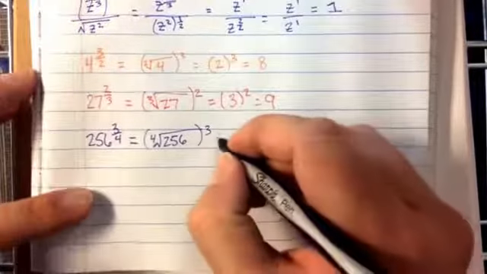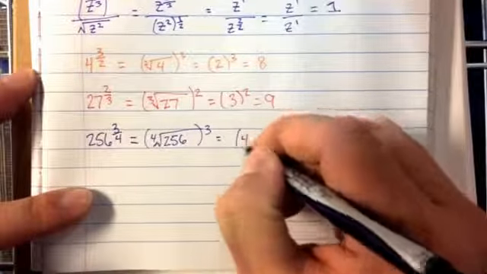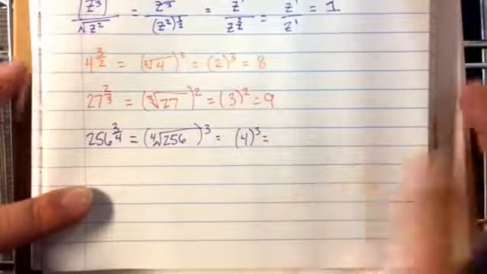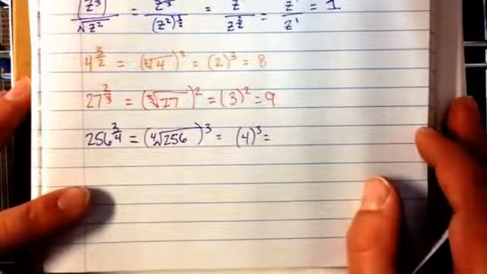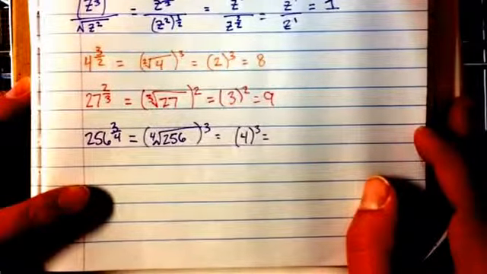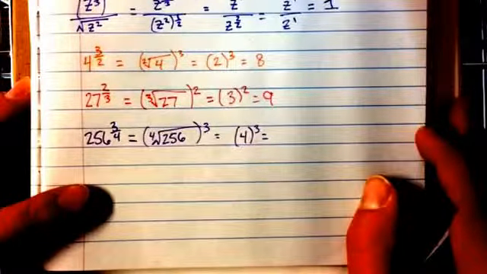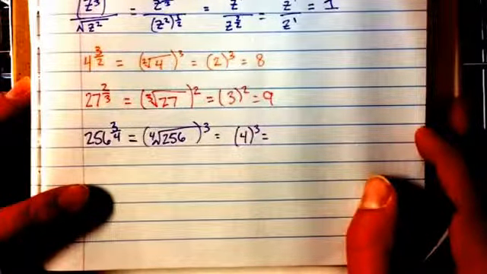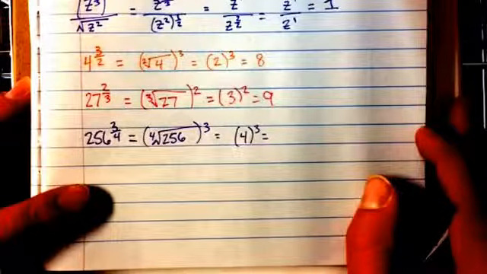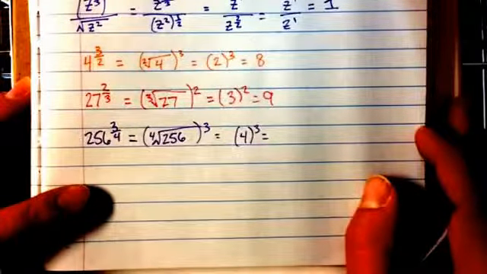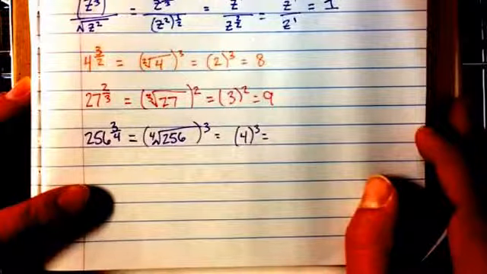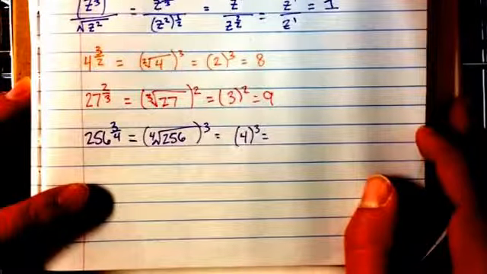So now we have 4 to the 3rd power, and we can use our calculators for that. 16 times 4? Yes. Can we just divide 256 by 4? Is it the same answer? That's just a coincidence.